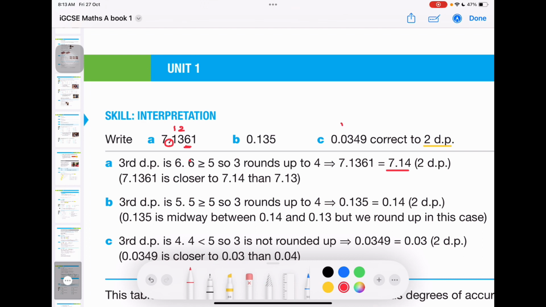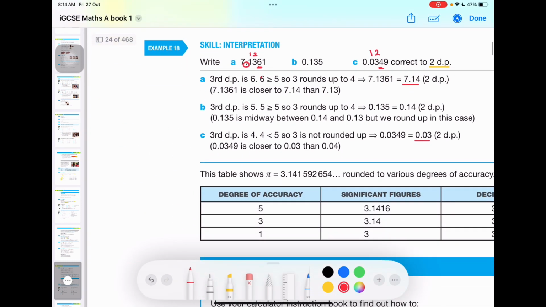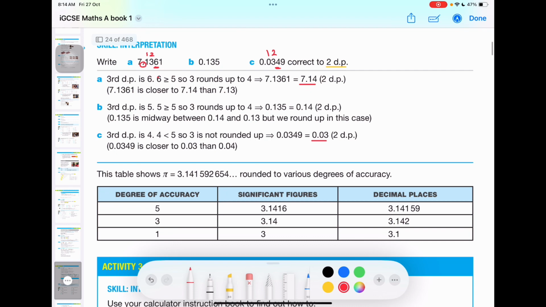This is your first decimal place, this is your second decimal place, and we are going to look at your third decimal place. In this case, it's 4. Therefore, we round this down to give us 0.03 as mentioned over here. So this is an example for the table.